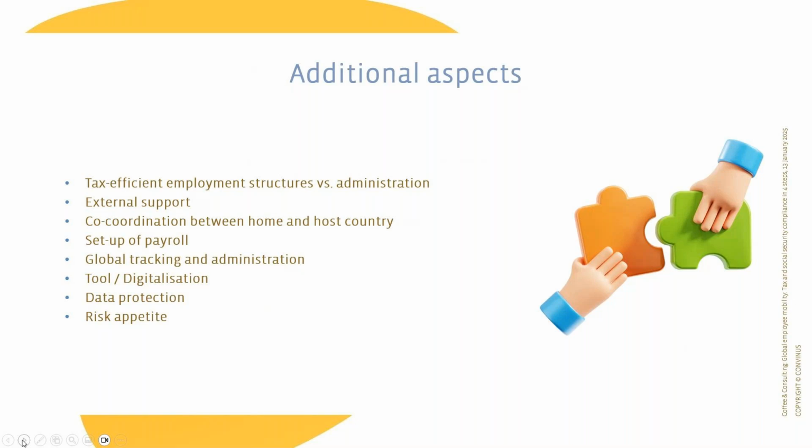I think if you try to get 90% compliance, then you are already very, very good, because every day something changes. You have to keep track of all the regulations, which is not that easy.